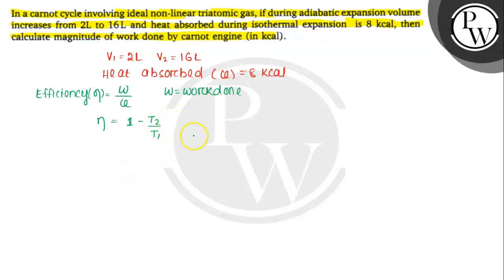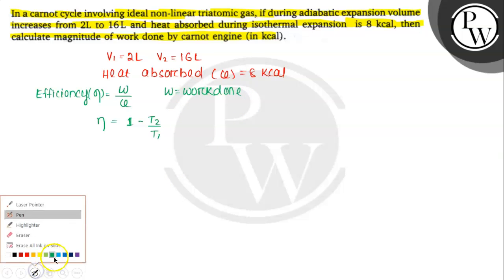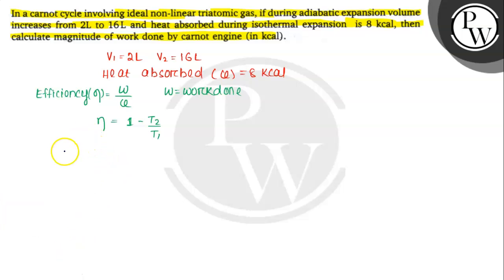So now we know that PV to the power gamma equals constant for an adiabatic process. Here pressure is not mentioned, here we have to deal with volume.